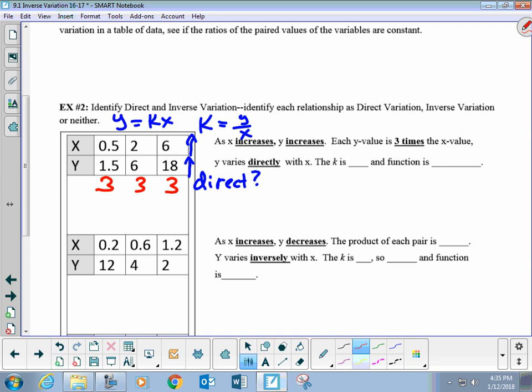All of them are the same value. I get a k of 3. So that says that this is indeed direct variation. It tells me that k is 3. My function has to be y equals 3x. It's direct variation.